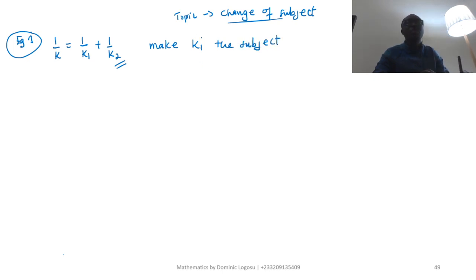So we have to make k1 the subject. Now look at the screen carefully. You can identify that k1 is here, and there's a bunch of fractions.